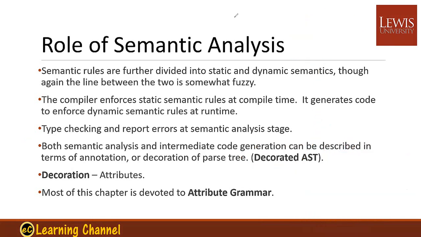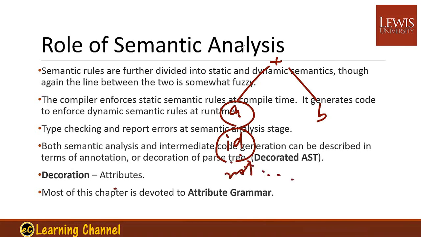So decorations are attributes. What is an attribute? Here you have A plus B, and it is an ID, and it is an integer, whatever. These are the attributes associated with this node. Okay. In syntactic analysis, you generate a tree, but you don't have this kind of information.